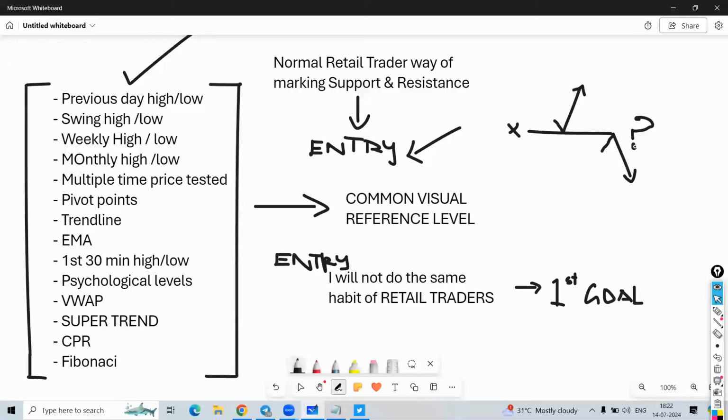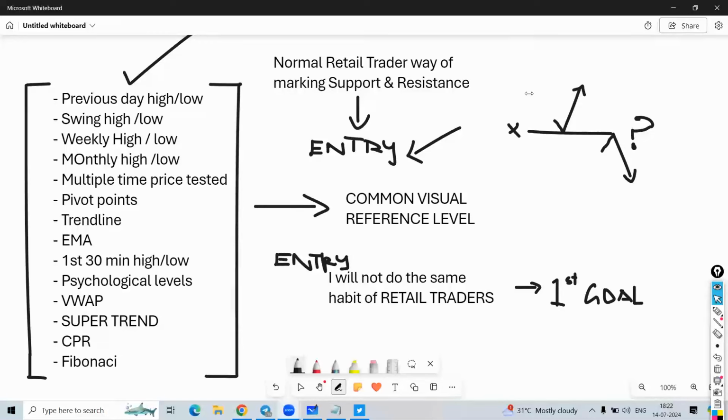If you traders are doing the same, think about it. How many times are you able to successfully, consistently make money from the market just by following any one or two of these reference levels? Price testing and rejecting, I will buy. Price testing and taking resistance, I will sell. Just be honest, super honest over here.